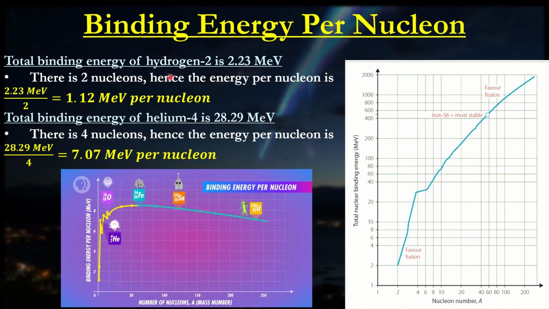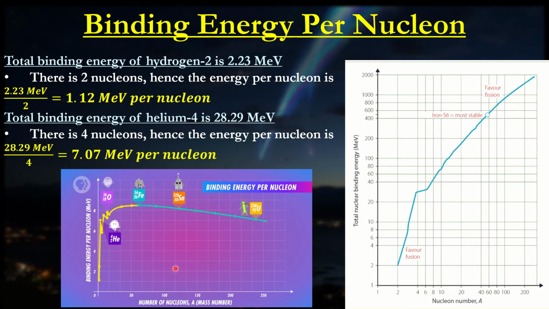If we make a quick measurement of the binding energy of atoms, we'll find that the total binding energy inside any specific atom increases with a greater number of protons and neutrons.